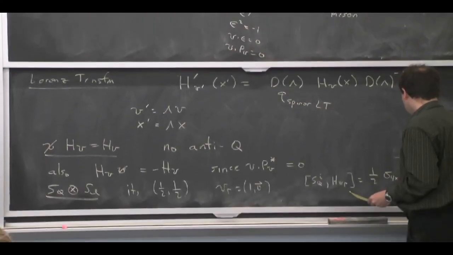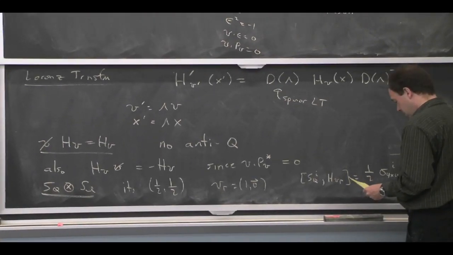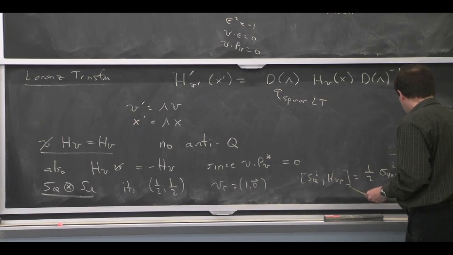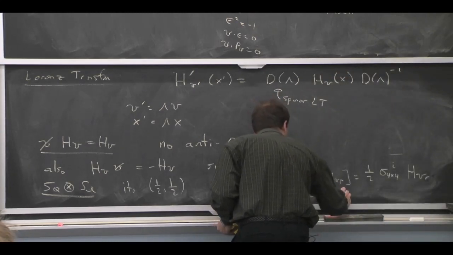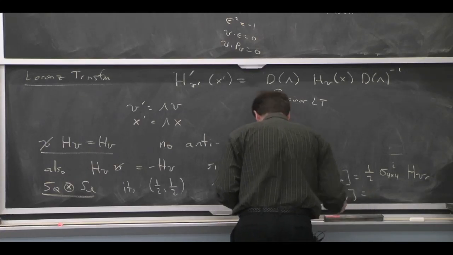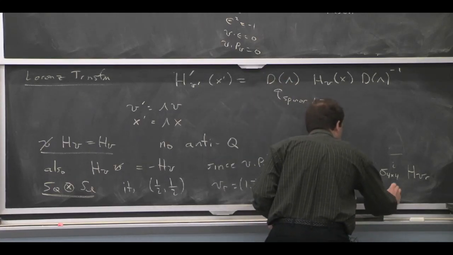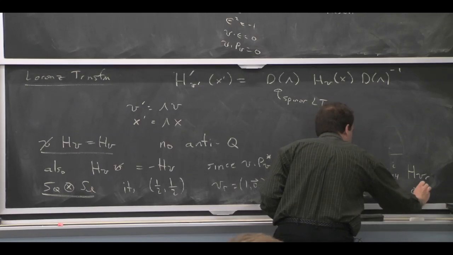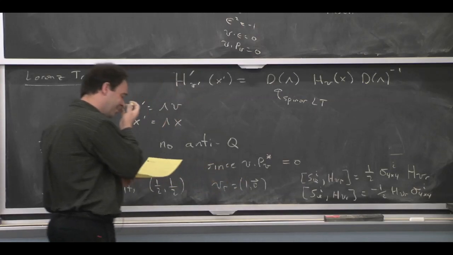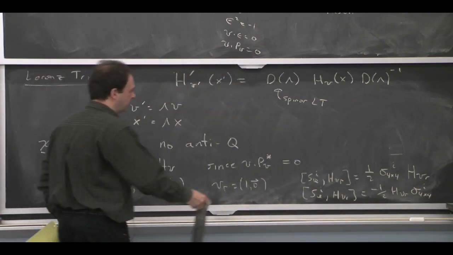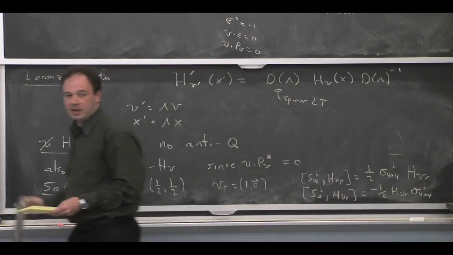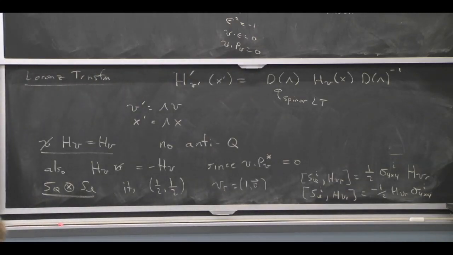The heavy quark part is on the left, and then the light quark part is on the right. So that's the spin transformation. And this is the right spin transformation for something that's spin a half, where sigma, the 4x4 matrix, is the usual spin matrix.